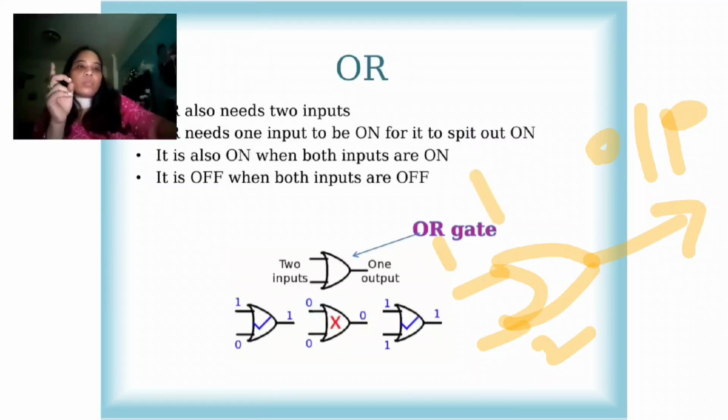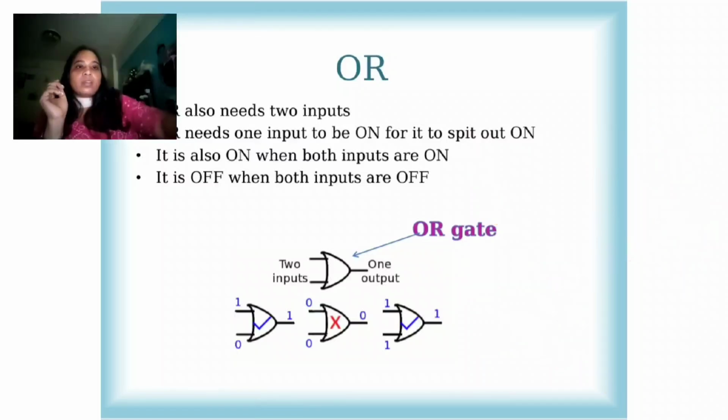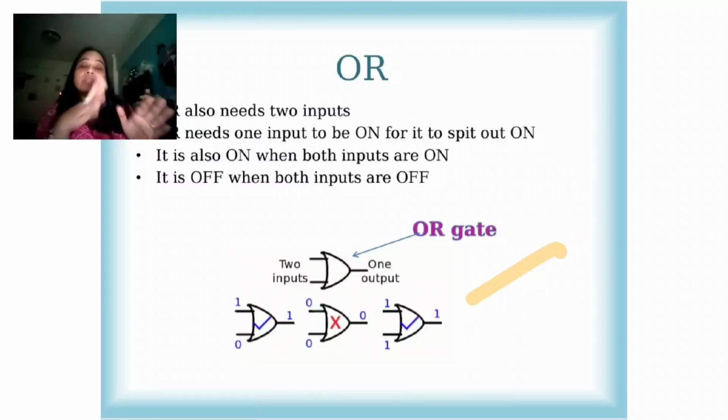For example, both inputs are true, so you will get the answer true, the same as the AND gate. In the OR gate you get the same result as the AND gate because both inputs have the same condition, so the result is also the same. There is no false statement or false output.